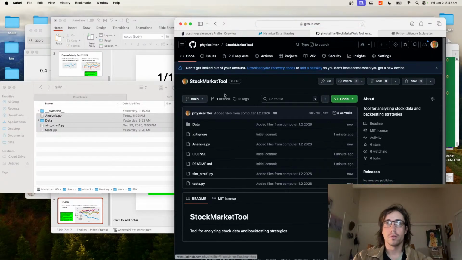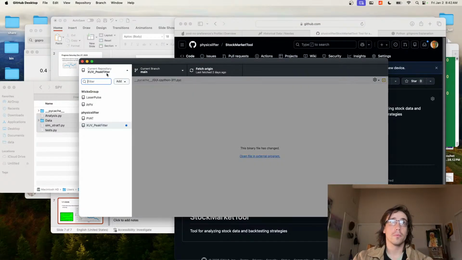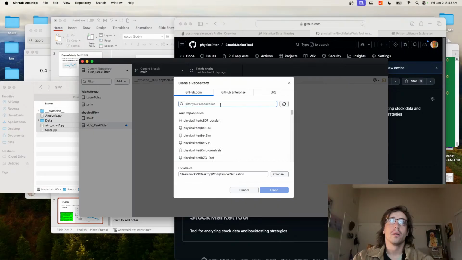Okay, now it's going to process the files. Now let's go to the GitHub app. Add existing repository. I think I want to clone. Physics lifters / stock market tool.